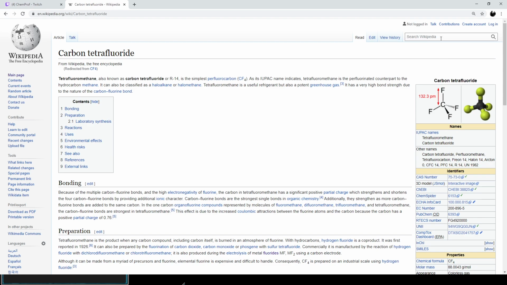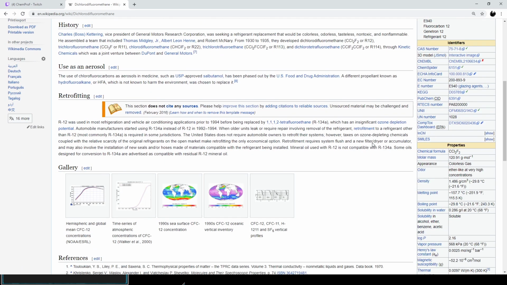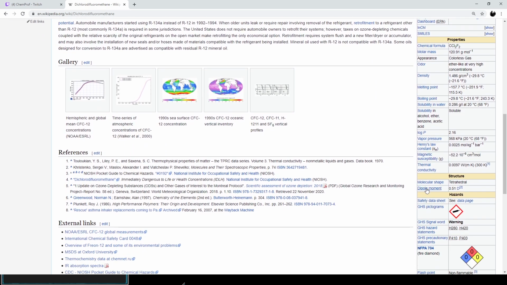However, if we throw in something like this, where now we have different electron domains, we should see that this molecule overall will be polar. And indeed, we do end up having a dipole moment associated with this molecule.